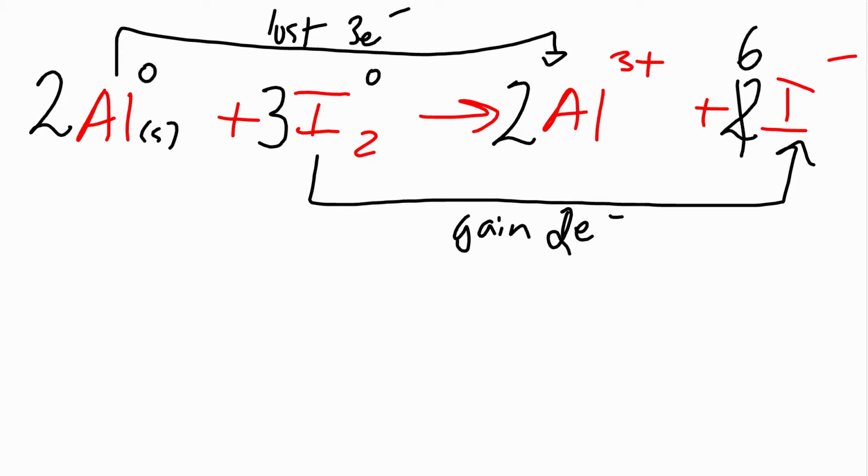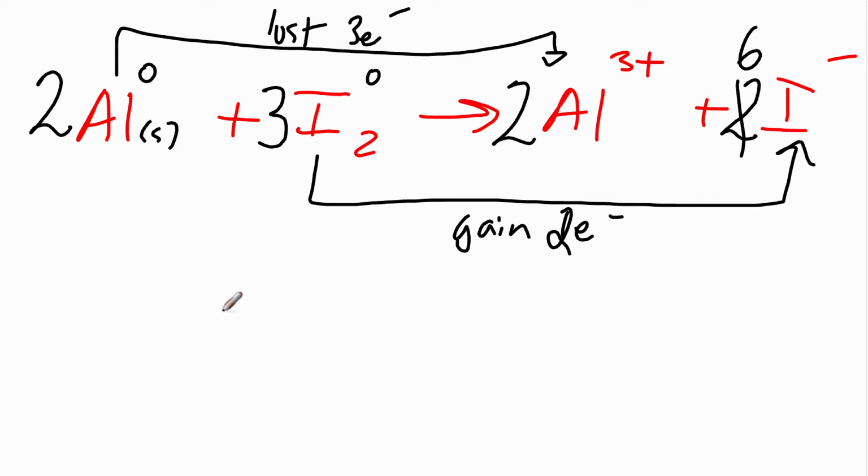That sounds about right to me, because I couldn't simplify that anymore. All my iodines balance, my aluminums balance, and now all the electrons balance. So there's 2 of these. If each one of them loses 3, so it lost 6 electrons, then each one of these gains 2 electrons to go to the 2 I minuses, but I need to gain 6, so I triple that.